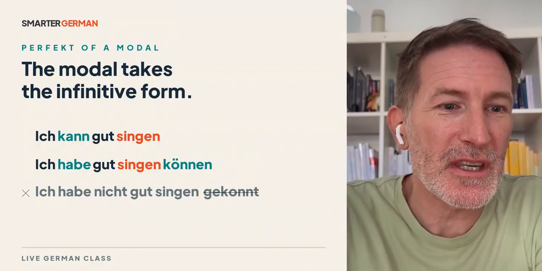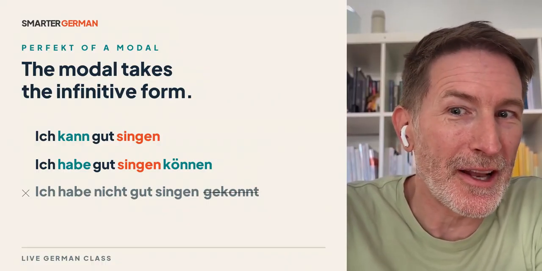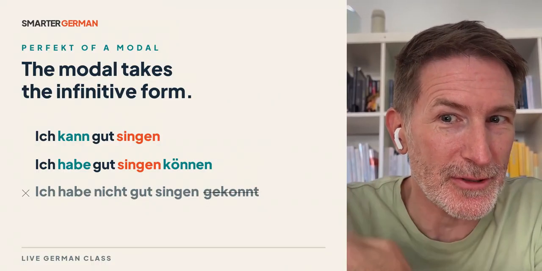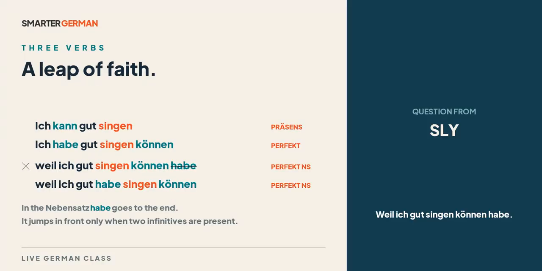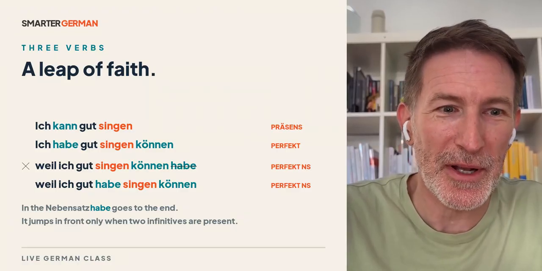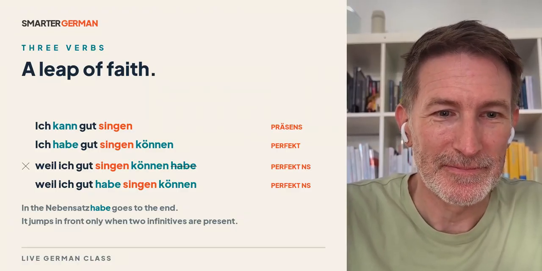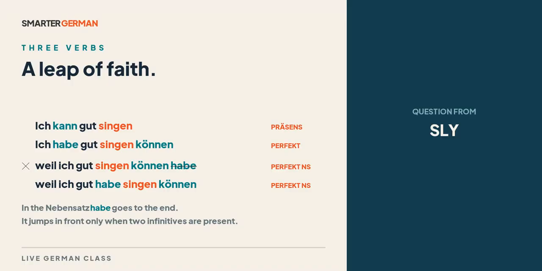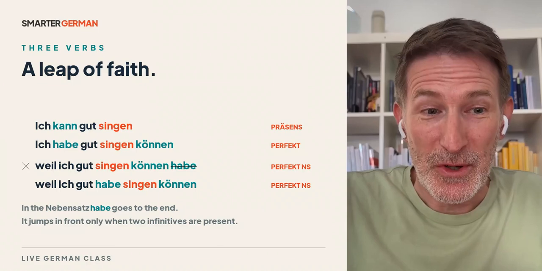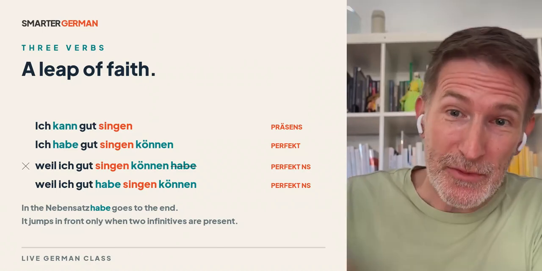So how would this sentence work with weil, which we learned is a pusher? Weil ich gut singen können habe. This is what you have learned in school very well, right? But unfortunately, this is not how Germans speak. Because now we have 3 verbs in a row.